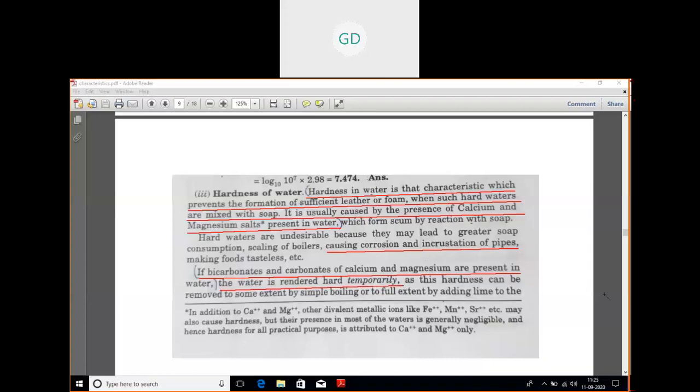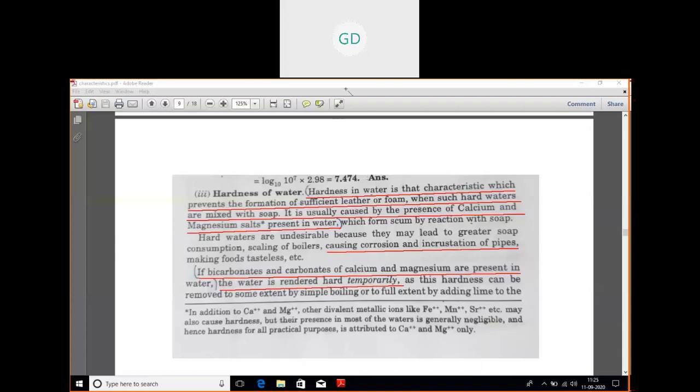Why is it called temporary hardness? Because temporary hardness of water can be removed, either by boiling the water or by adding lime to the water. That is why it is known as temporary hardness.